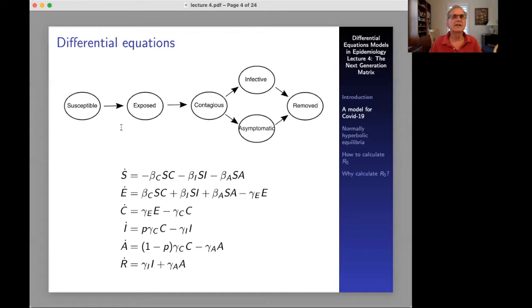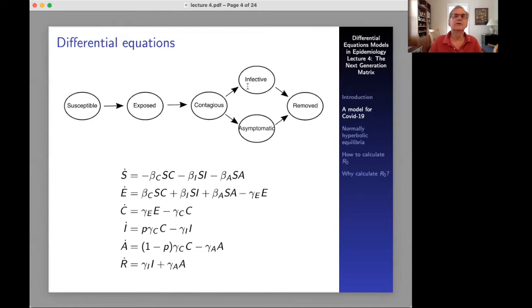At what rate do they get the disease? Well, they can get it from either people in the contagious compartment, people in the infective compartment, or people in the asymptomatic compartment. The betas depend, for example, on how contagious you are, and they depend on how often the infectives come into contact with people.